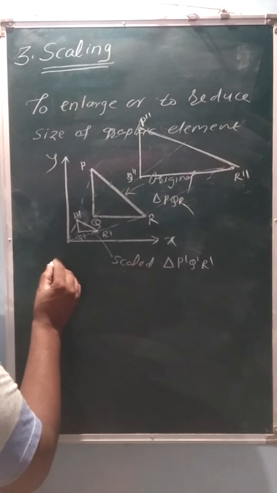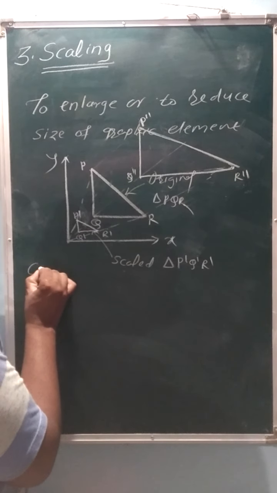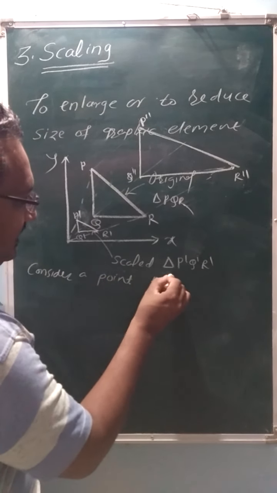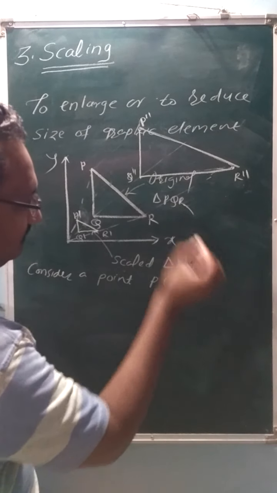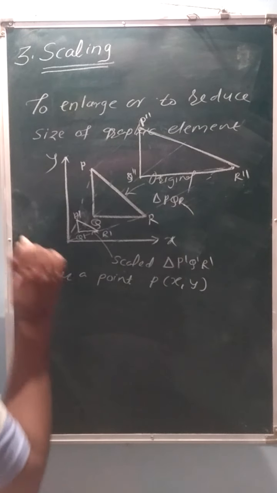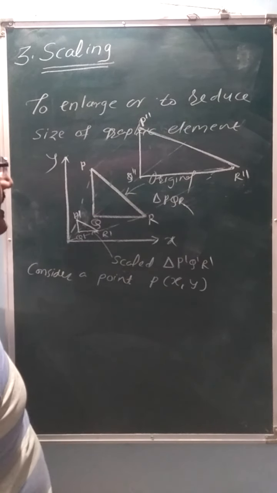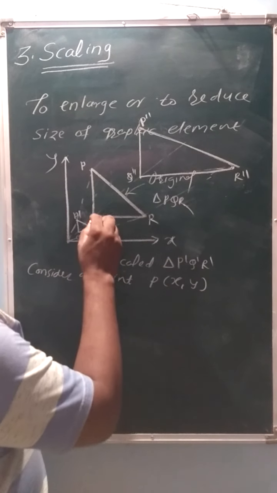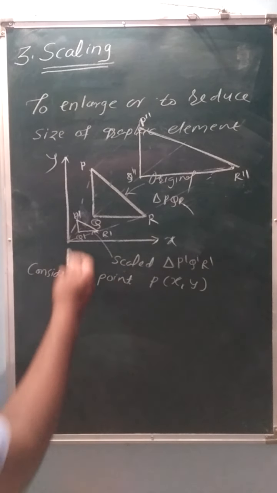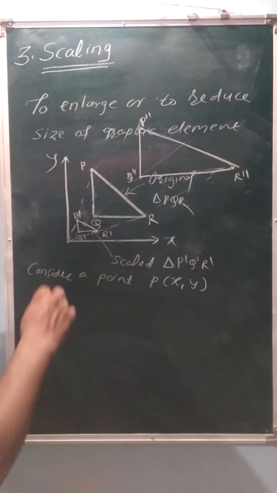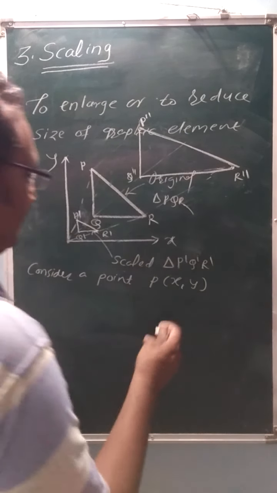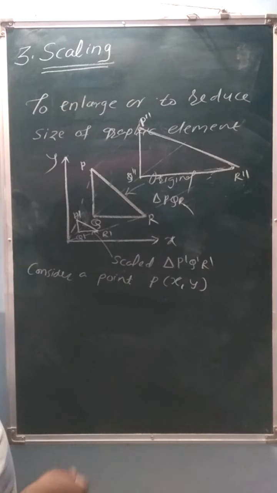Suppose we consider a point P having coordinates x1, y1 or x comma y. If we are scaling this geometric entity, considering one point means all points on this entity can be scaled with a scaling factor.